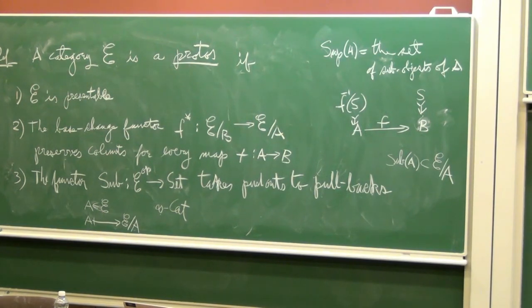I'll ask a question. In the one-topos case, the existence of this third condition here led to the representability of the functor, which is part of the superstructure of an elementary topos, but not part of the topos.